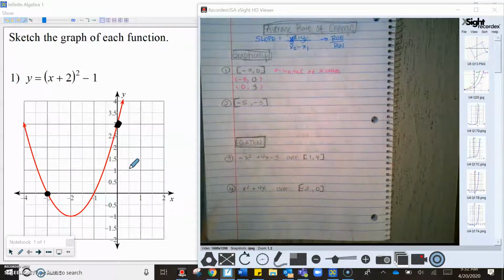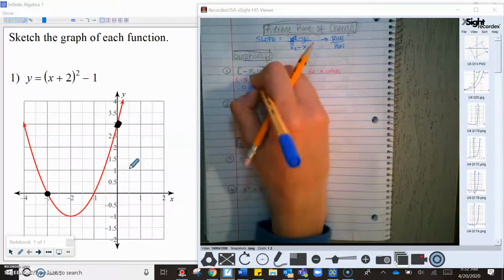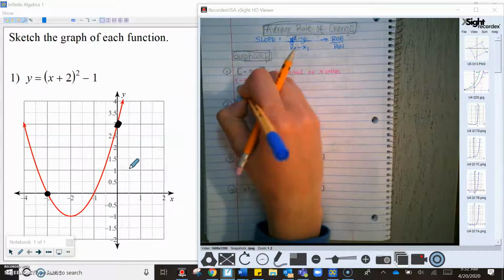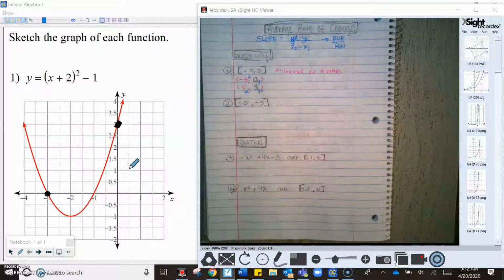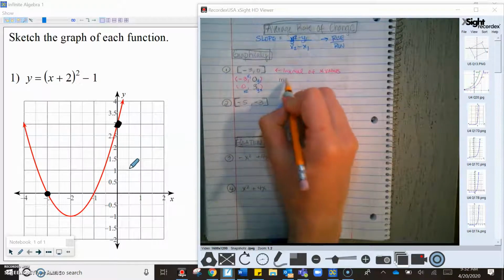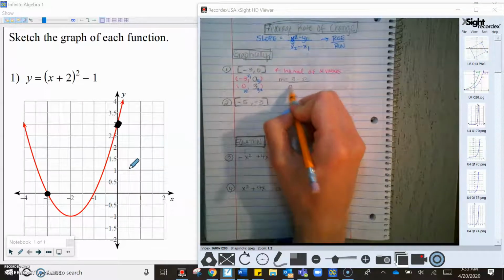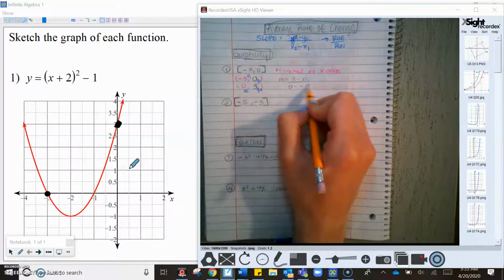So once I have those two ordered pairs, I can use this slope formula. I go from bottom to top, so this is y2 and y1, x2 and x1. So my slope is equal to y2 minus y1 all over x2 minus x1.